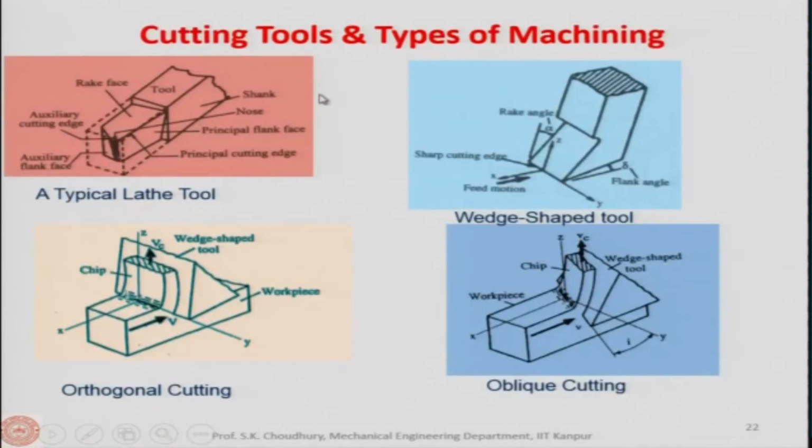Now, the cutting tools and the types of machining. If you see this tool, this is a typical lathe tool, and this typical lathe tool can be made from a rectangular shape of the workpiece. As you can see, from here you chop off this much portion. So, this will be the rake face, and this has an inclination.